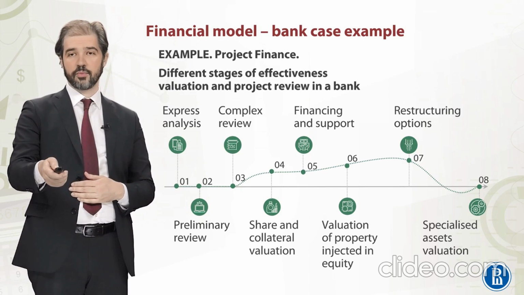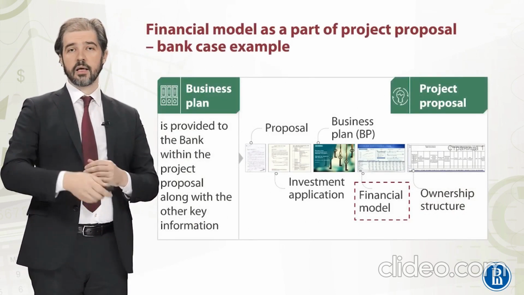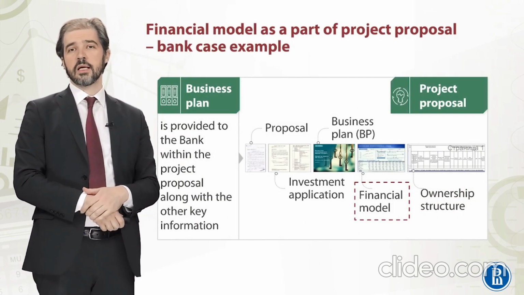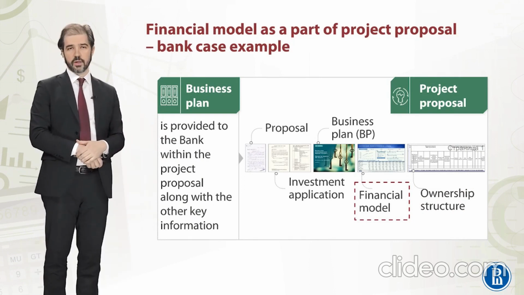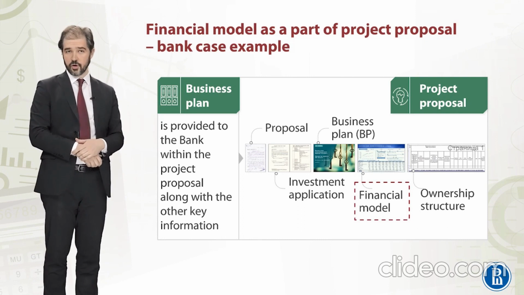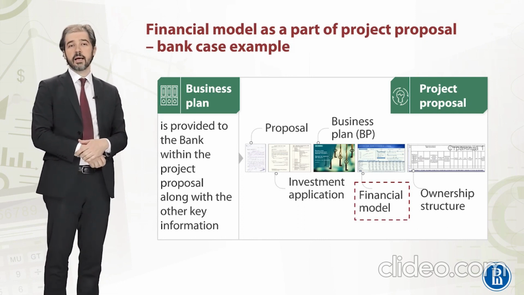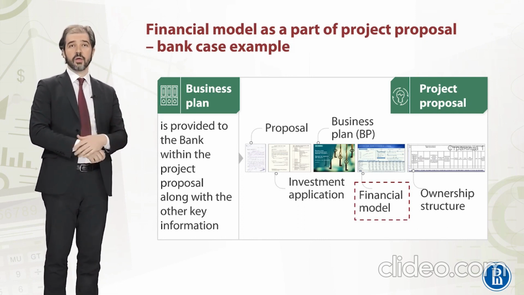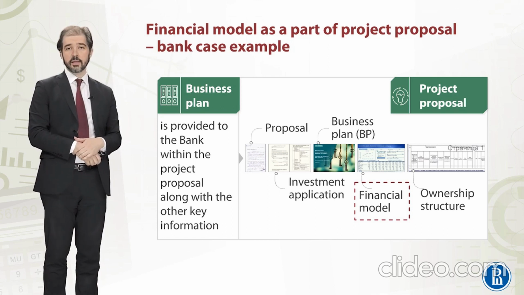Here we see that a financial model is a part of a set of documents that are presented to the investor or to the bank. If we speak, for example, about project finance, then the major document that is presented is the business plan.